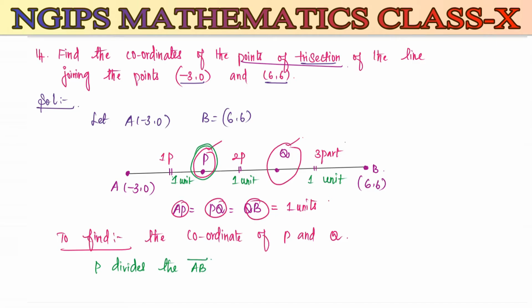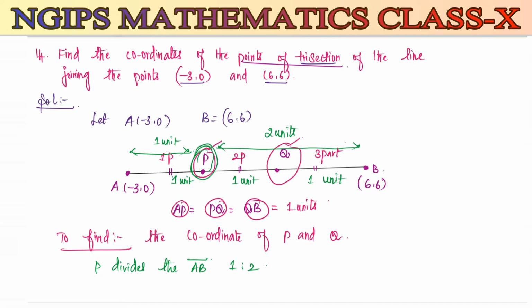So this completely we have one length, and from here to here we have two lengths. So from A to P it is 1 unit, and from P to B we have 2 units. So P divides this line AB in the ratio 1:2.